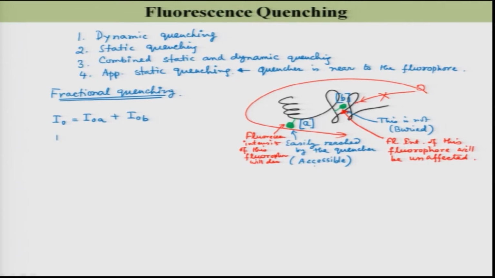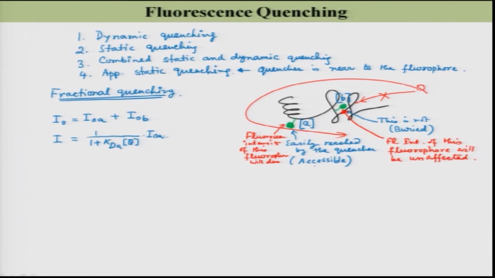So, the fluorescence intensity in presence of quencher, which is typically denoted by I, I can write as I 0 A over 1 plus K d A into Q, this K d A being the Stern-Volmer quenching constant for this site.